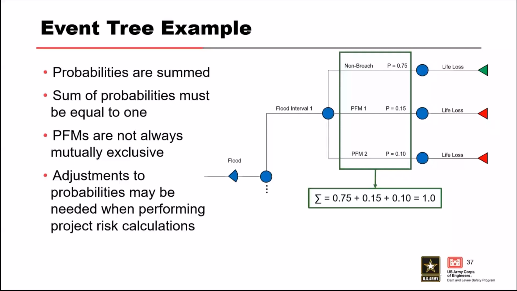Now, in these cases, adjustments to the probabilities for these PFMs would need to be made in order to satisfy the requirement that they all sum to 1 and avoid overestimating the total risk. Now, these adjustments are beyond the scope of this training course. For more information, you can see DLS-105, Risk Tools and Calculations for Risk Assessments, but it's important to be aware of this concept when you're performing your risk calculations.